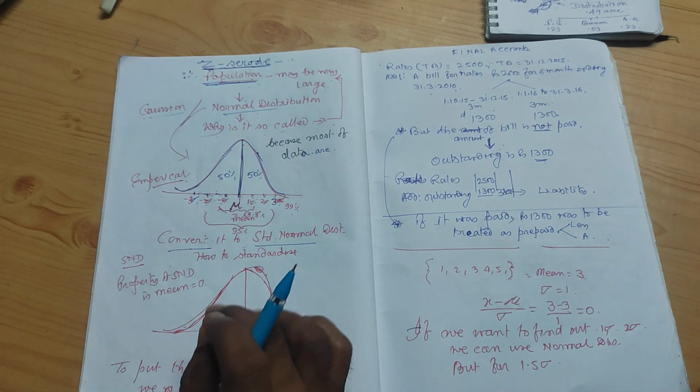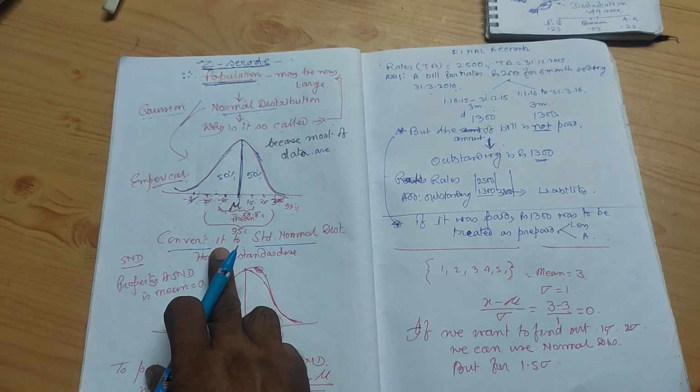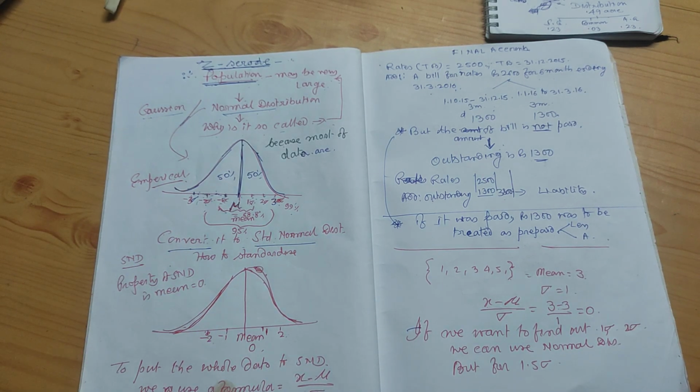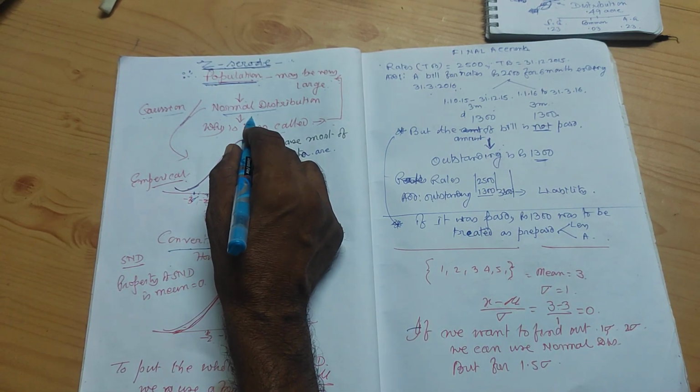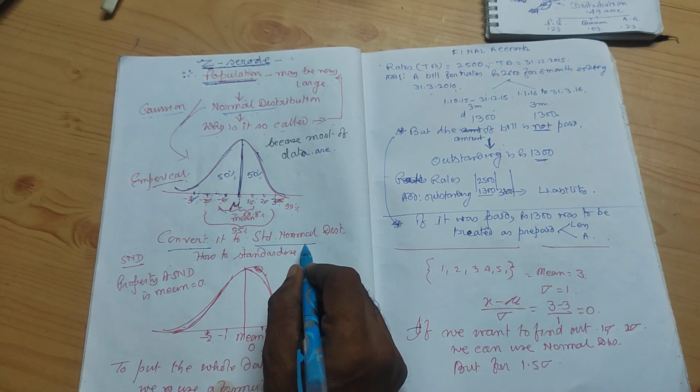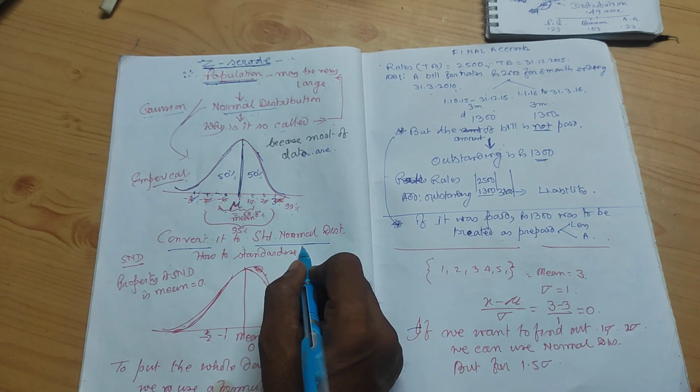It cannot give you the result. To overcome this problem, we convert this normal distribution to standard normal distribution.